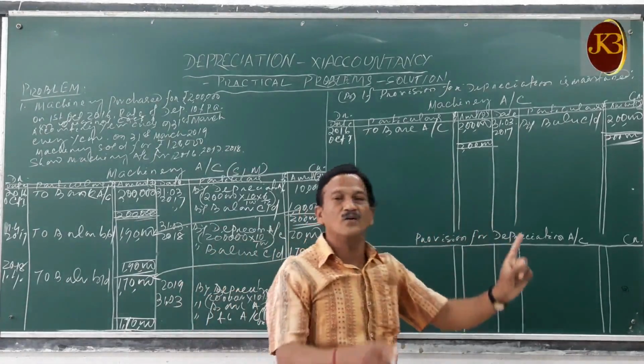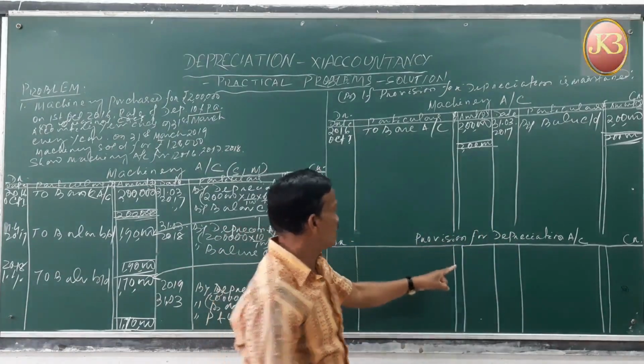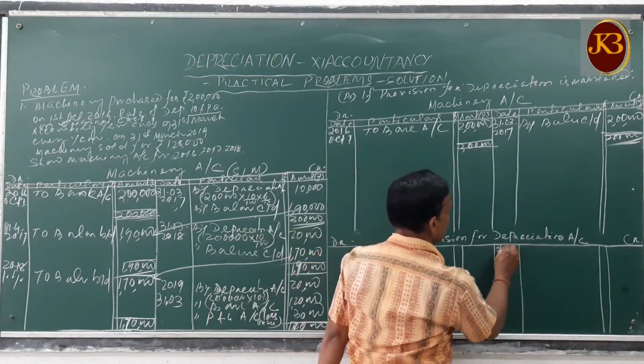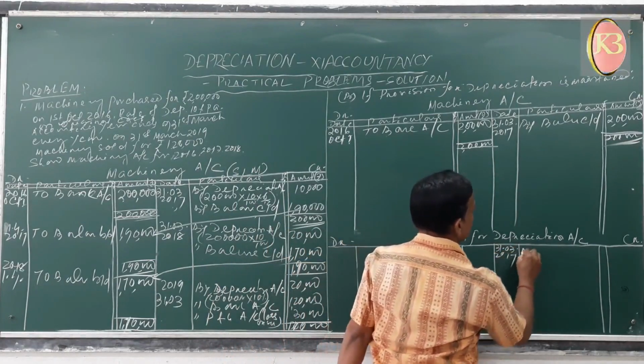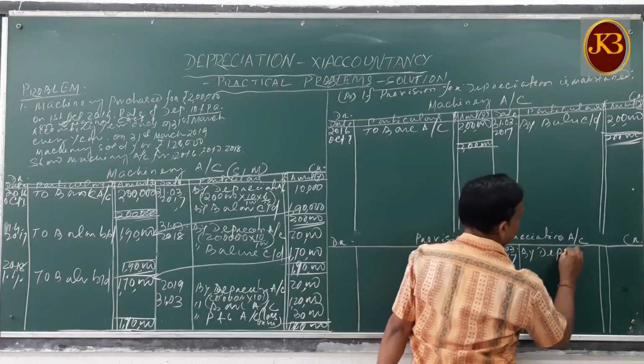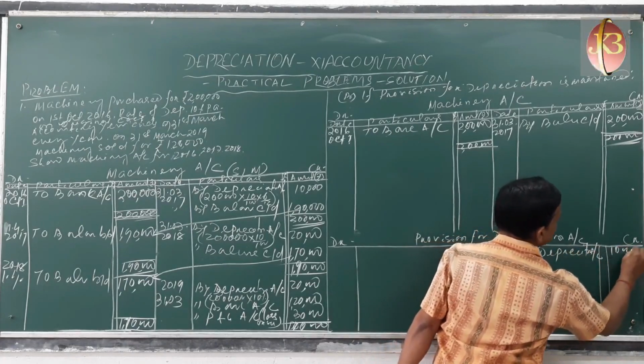So the depreciation account is debited to the provision for depreciation account, and the provision for depreciation is credited on 31st March 2017 by depreciation account, 10,000.